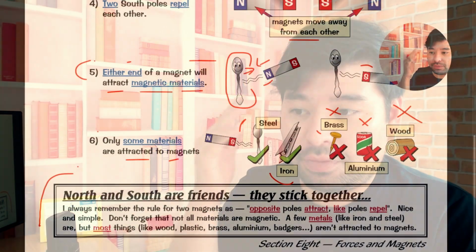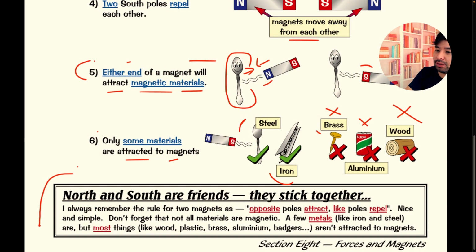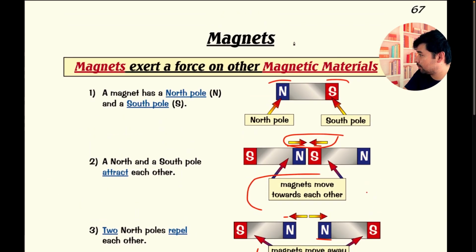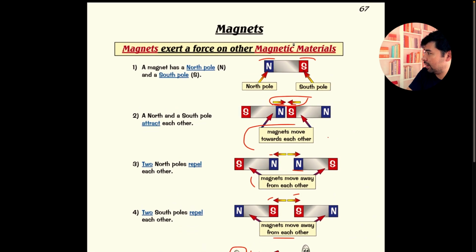Basically, this is what we are supposed to learn today. So, did you get that? Did you understand? I hope so. If you understand, these are the pages that we have worked on today, the explanation of magnets. Let me go back a little here.